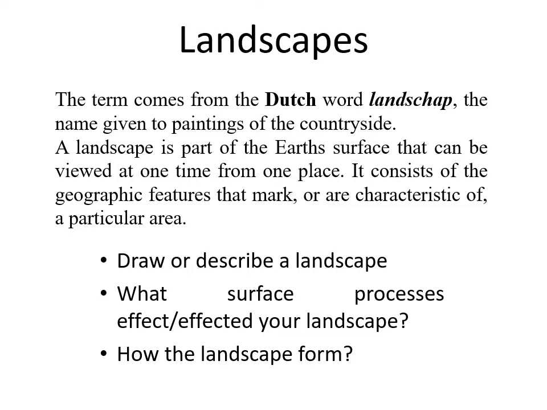And the next step is how that natural agent or geological agent is forming that particular landscape. Suppose a dune in a desert area. First you have to draw a dune, you have to describe a dune: it is meter scale long, meter scale high, and a few tens of meters wide.